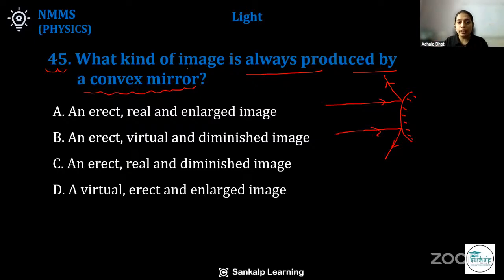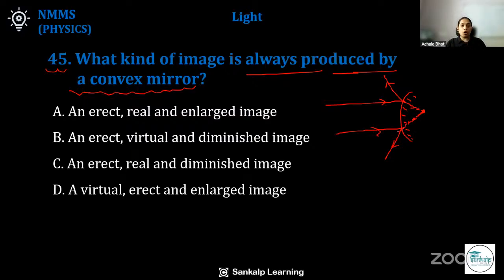Now, what kind of image is always produced by a convex mirror? Are the light rays converging? No, there is no physical intersection. They are not actually converging. But here they look like they are diverging from some single point.